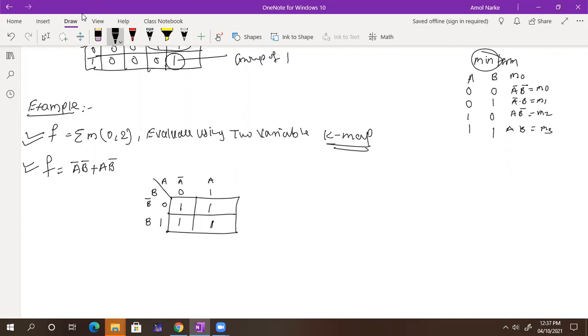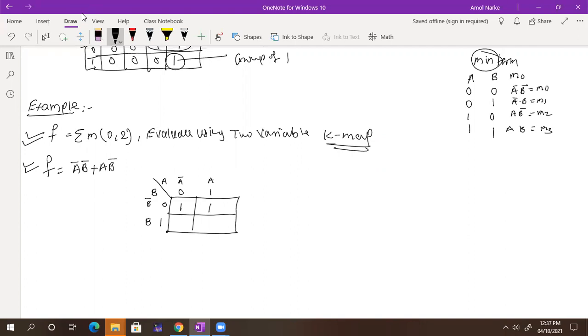Okay. Now, sir, for minterms we have to take something different. We have taken A complement as 1, but we should have taken it as 0, because in a minterm, A complement is 0. Sir, what you did was you took the complement of the complement.